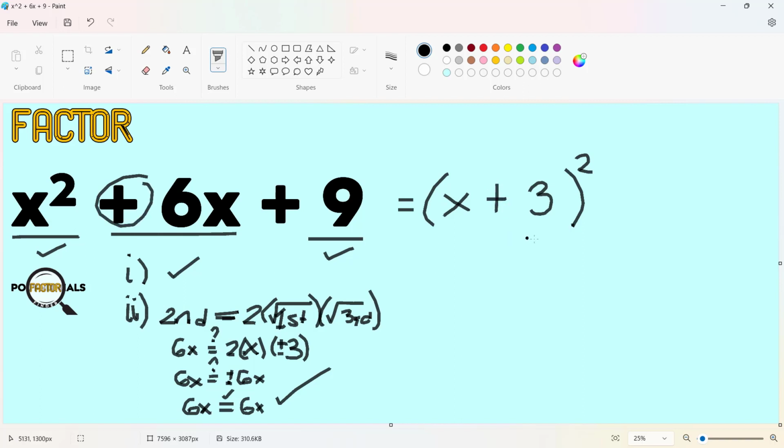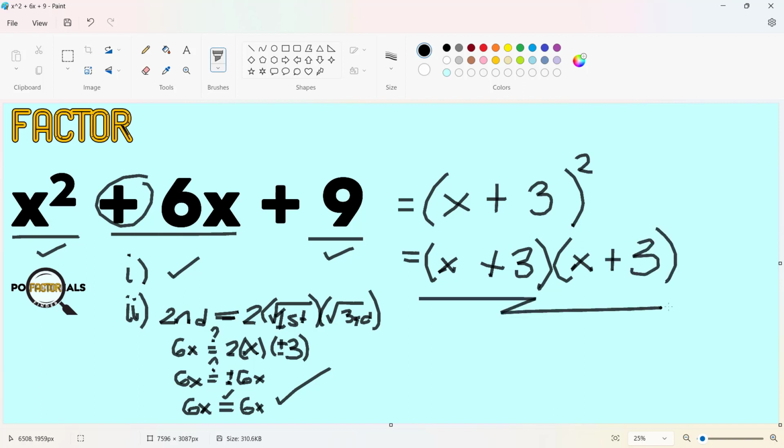So when we say square of x plus 3, it means there are 2 binomials of x plus 3 multiplied with each other to get the result. So these are now the factors of x squared plus 6x plus 9.